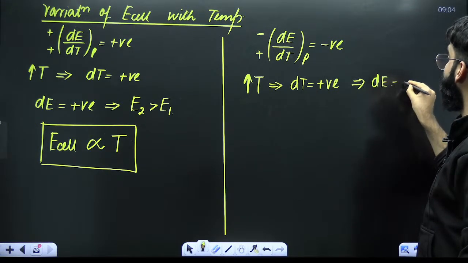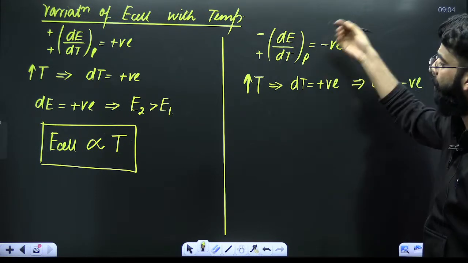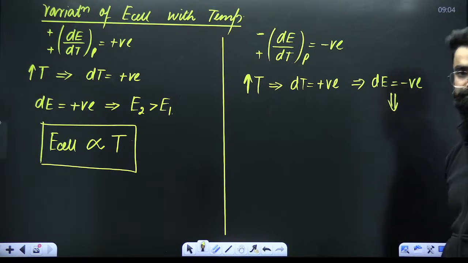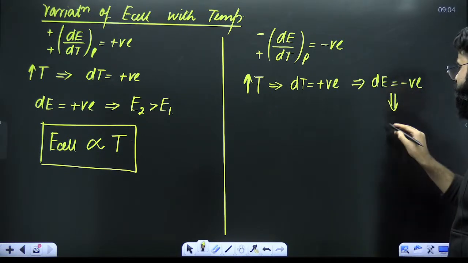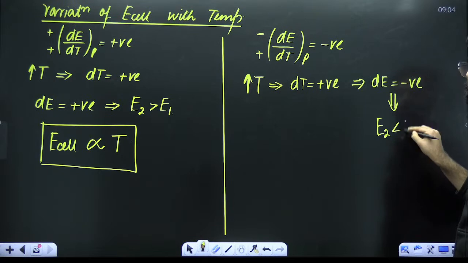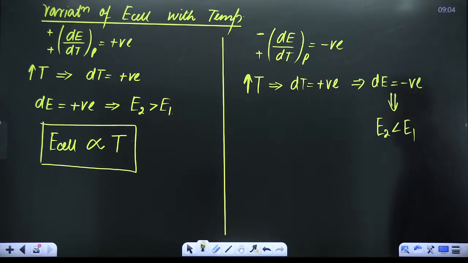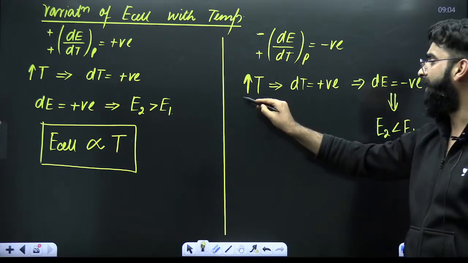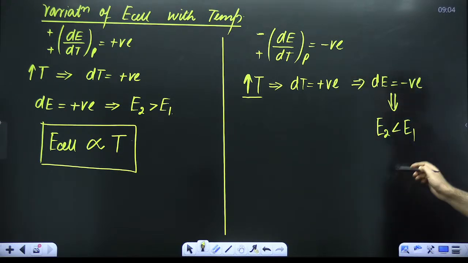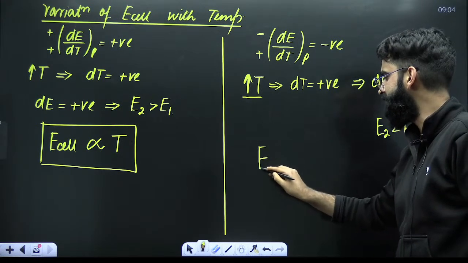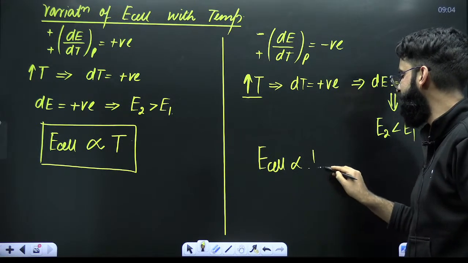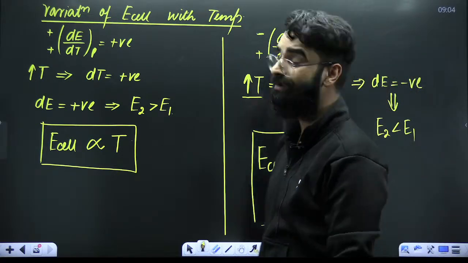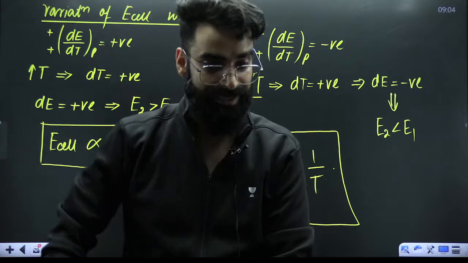Change in EMF will be negative only if final EMF is less than initial EMF, that is, E2 is less than E1. So upon increasing the temperature, EMF is decreasing. E cell here will be inversely proportional to temperature, and this is valid for those cells which have got temperature coefficient as negative.